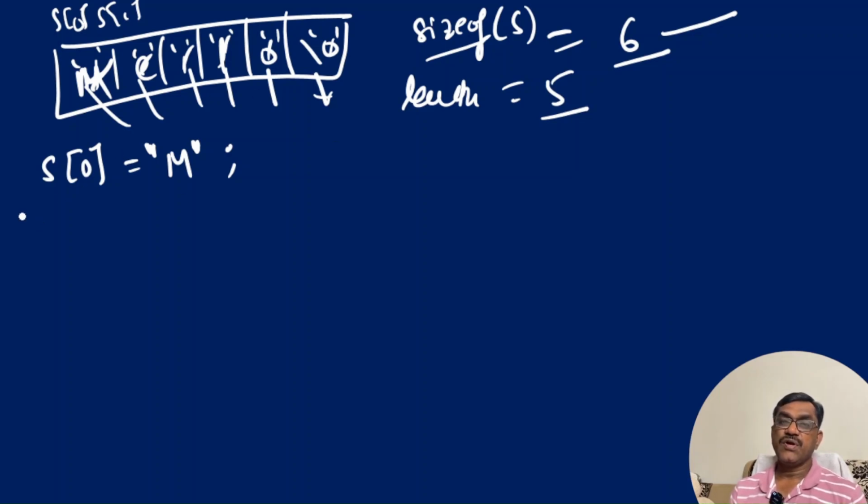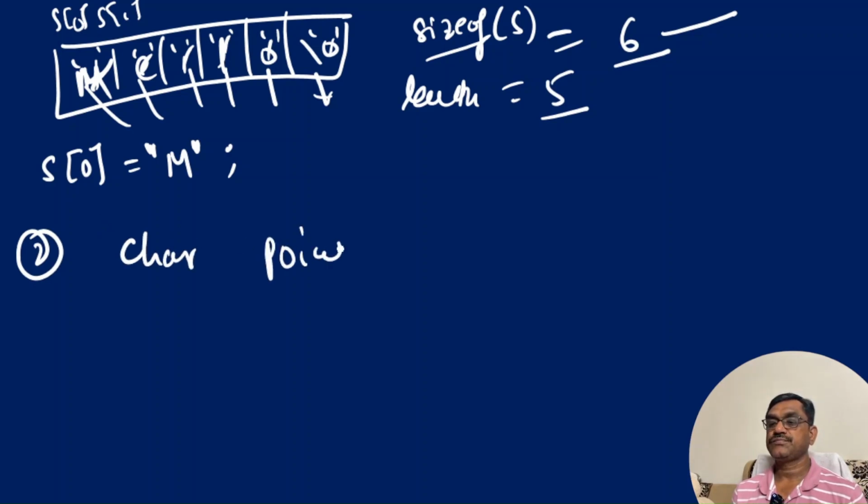Right? Now, another important thing is when we say character array, then the string is stored in the character array variable S, in some location. Now, we are using the second concept, character pointer. This is very, very important.